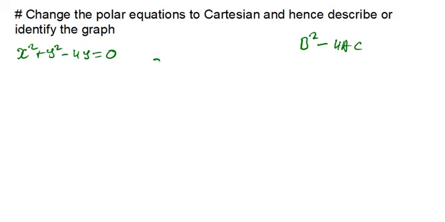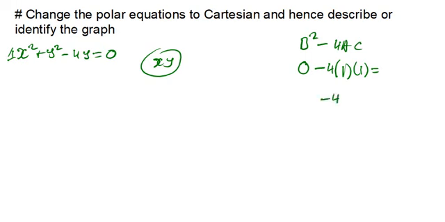Our b is the xy term, and we don't have an xy term, so b is 0. Our a is the coefficient of x, which is 1, and c is the coefficient of y, which is also 1. So we get negative 4. So our discriminant b squared minus 4ac is less than 0.